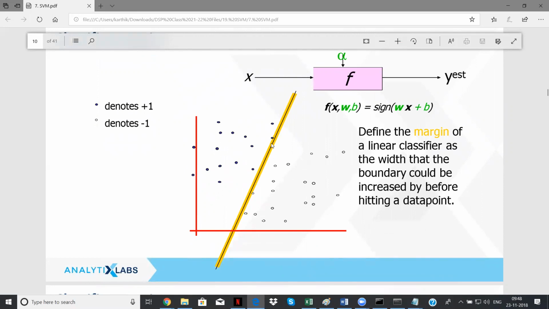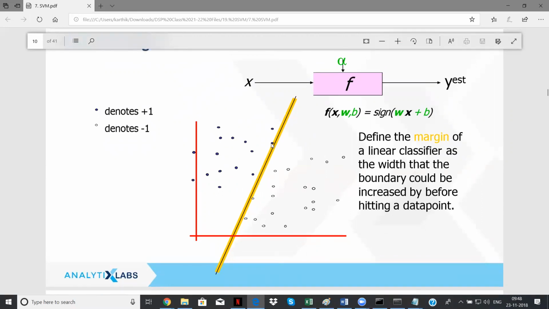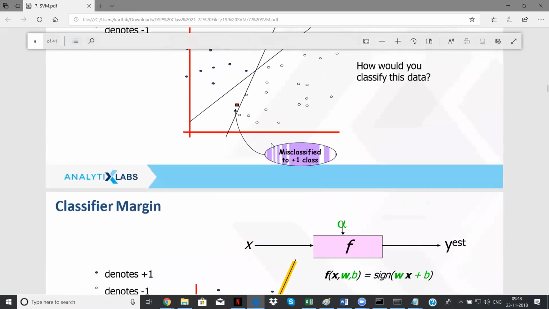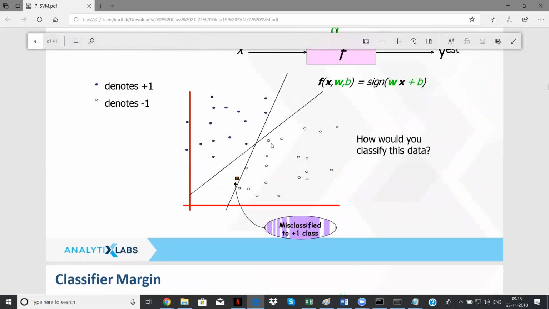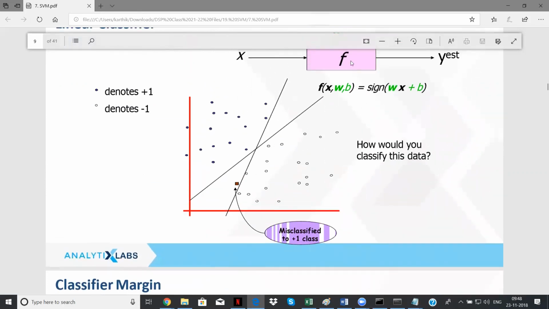So within that margin, let's say if there is any point which falls under that margin, again, let me explain it to you in this perspective of a misclassifying line. So here, if I come up with a margin like this, so margin number 1 and margin number 2, right?